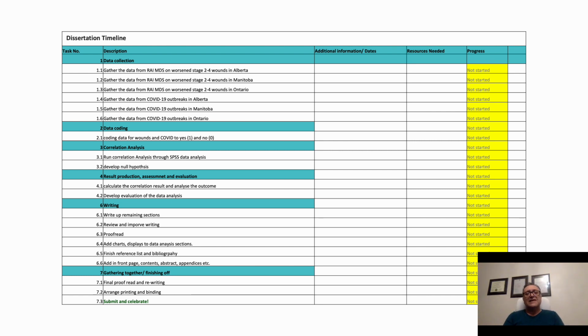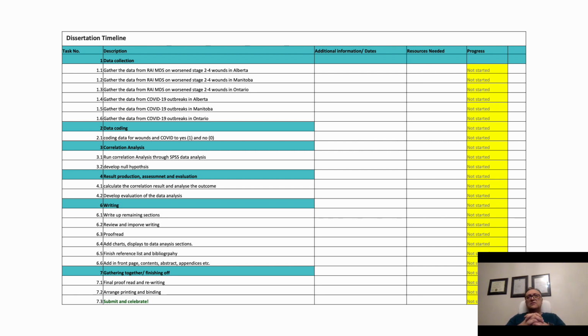the administrative data. And the research question is mostly about the correlation between the COVID-19 outbreak at the long-term care homes in Canada, in the three provinces, and the number of worsened stage 2 to 4 wounds.